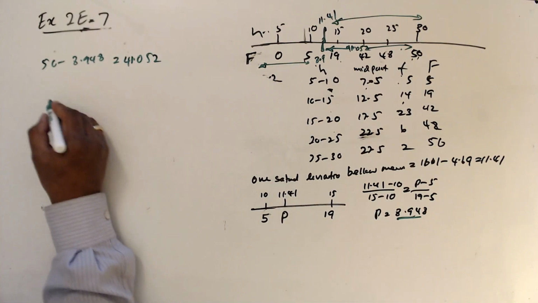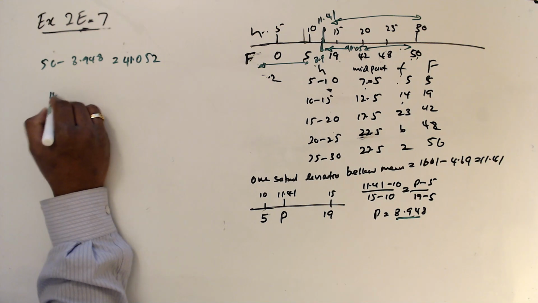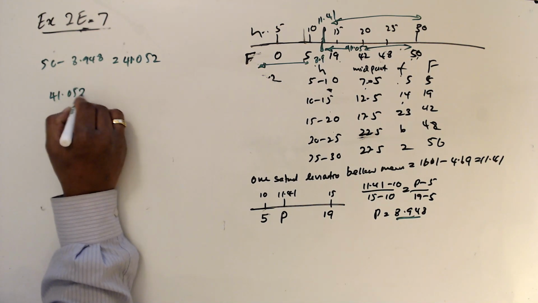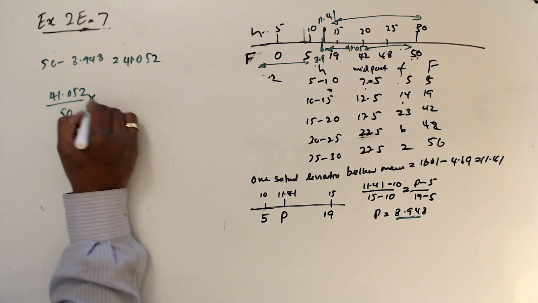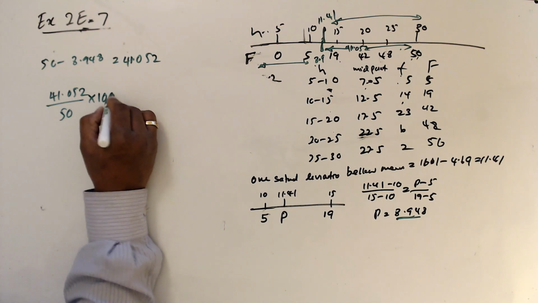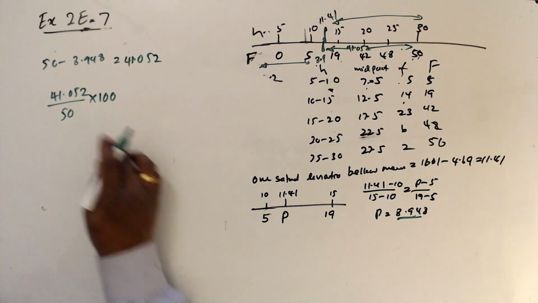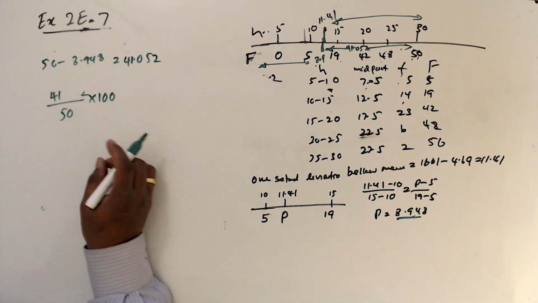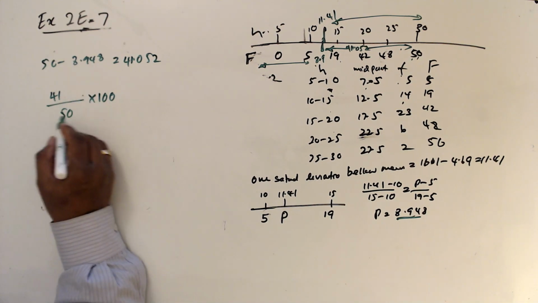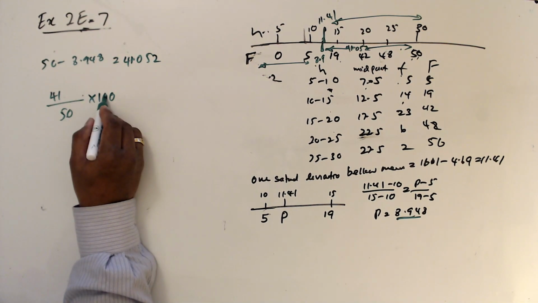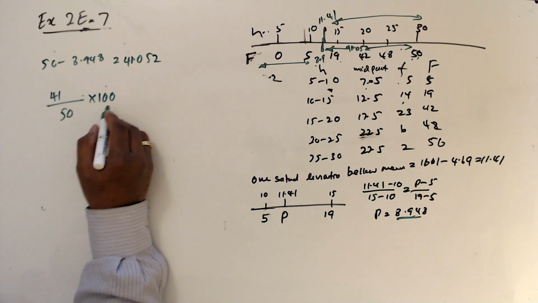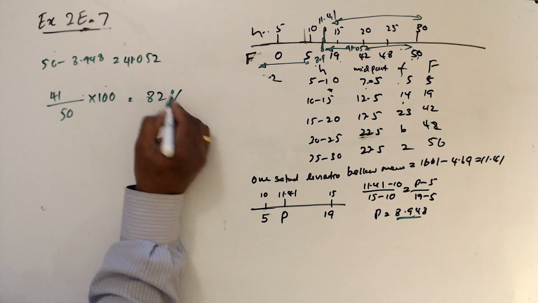So then we'll find the percentage. 41.052 over total 50 multiplied by 100. If I take 41 here, then 50 divided by this is 2, so 41 is 82%.